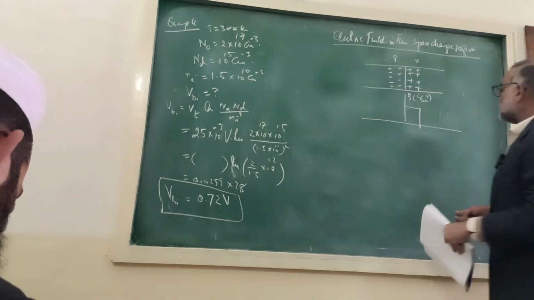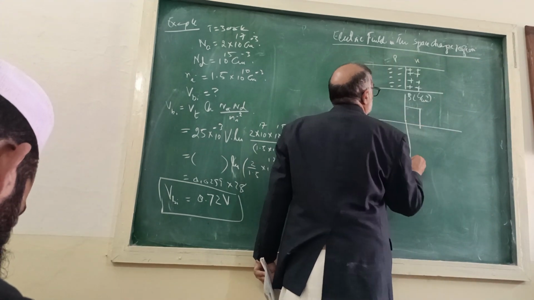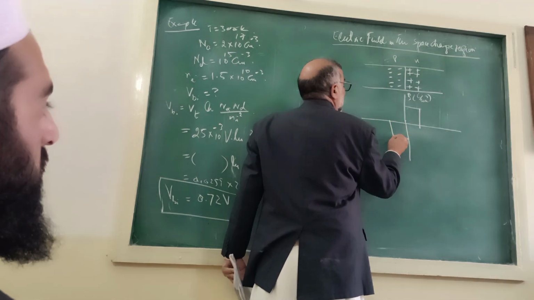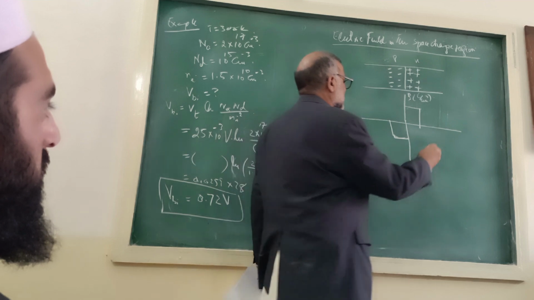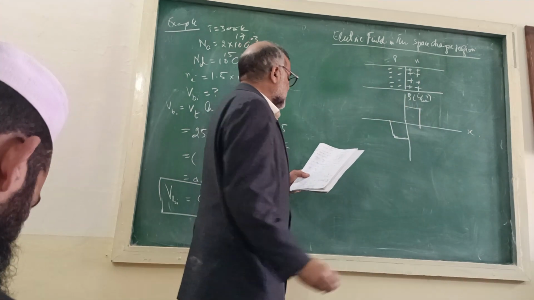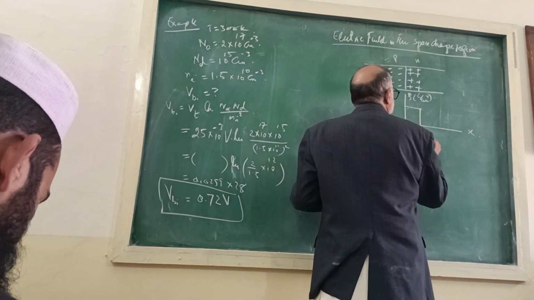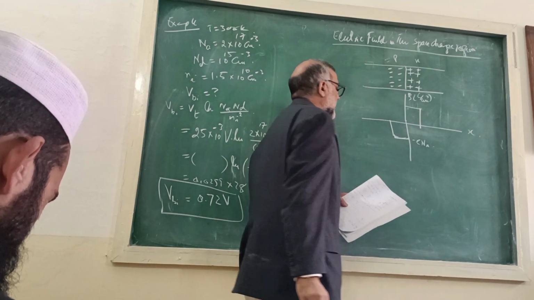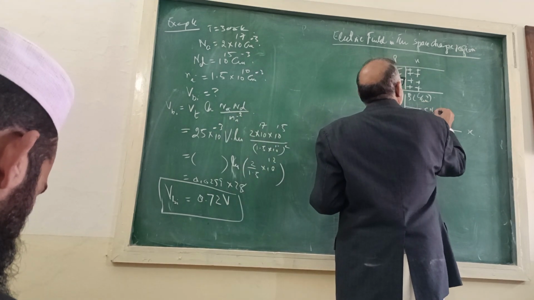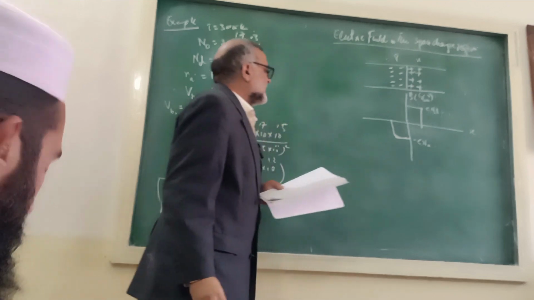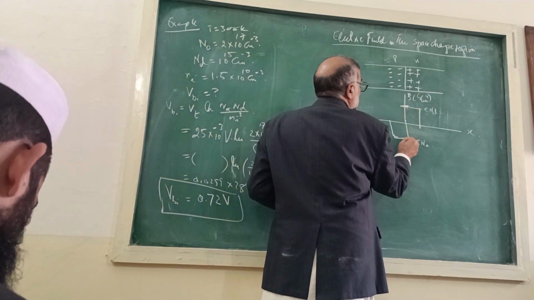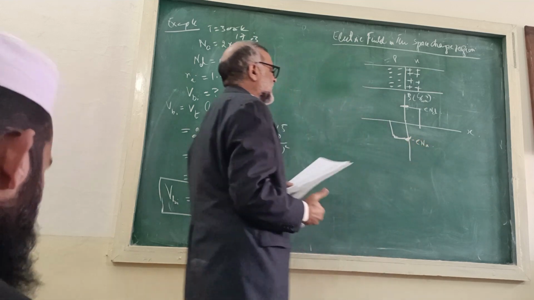Similarly, on this side is negative charge. If this is x, the density here will be plus e Nd, and this will be minus e Na.